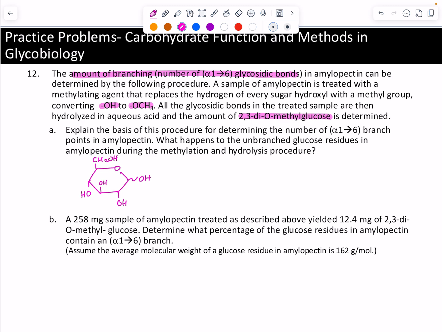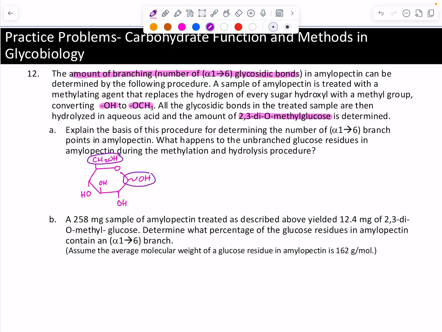And if something is involved in a branch point, okay, what's going to happen is obviously my anomeric carbon is not going to be methylated, and this one's not going to be methylated because they're involved in the glycosidic bond.